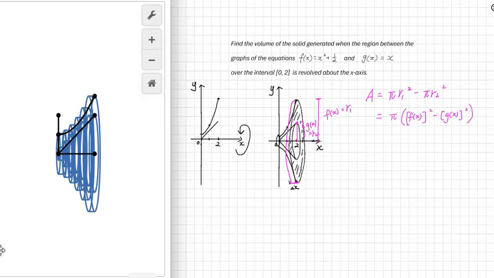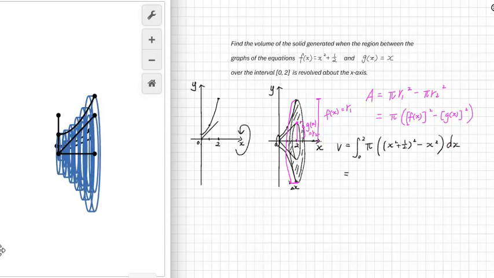So the entire volume of the solid is the integral. We have been given the boundaries, which start from 0 and end at 2. Pi times the bracket f of x squared, which is x squared plus a half, squared, minus g of x, which is x squared, and delta x we replace with dx.